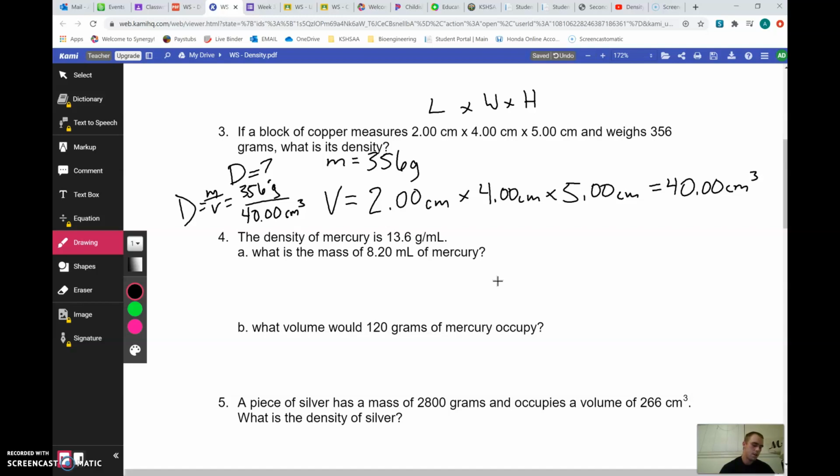Let me open my calculator. 356 divided by 40, and I get, let's just kind of bring this up here. When you guys do this problem, make sure you give yourself enough space on your homework sheet. Density is going to be equal to 8.9 grams per centimeter cubed. And that would be my final answer.